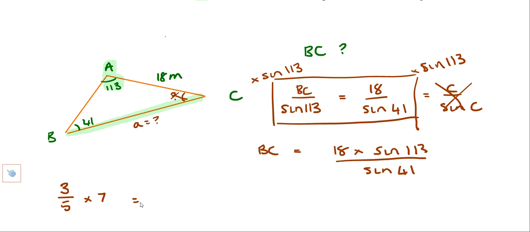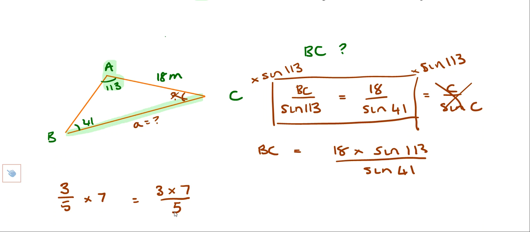Times the top. 21 over 5. So you would do 3 times 7 over 5. So when you multiply, you just multiply the numerator. That's why I've written it like that, because that's how you multiply with fractions.